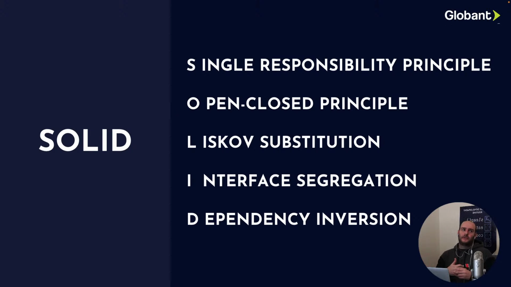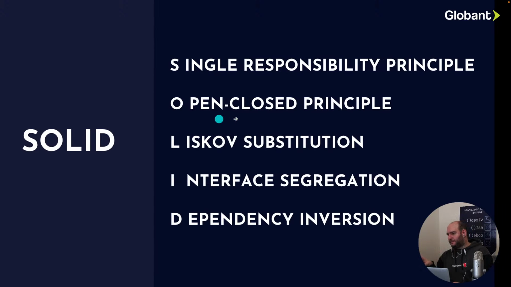For example, by having an interface, you can create new implementations of that interface. That would be in alignment with the open-closed principle, because you have this interface, you can create new implementations and switch between different implementations, and that would be okay.